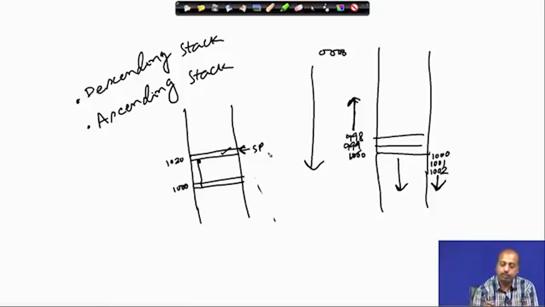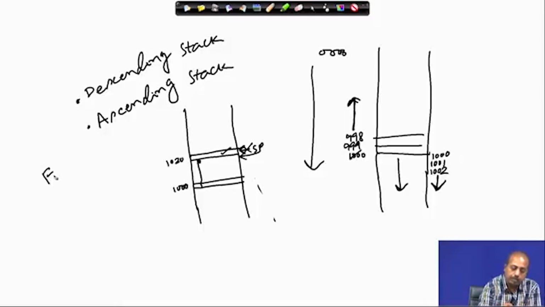The other convention is that the stack pointer, instead of pointing to this location, points to the previous location. In that case, for doing a push operation, I should first increment the stack pointer and then put the data onto the stack.